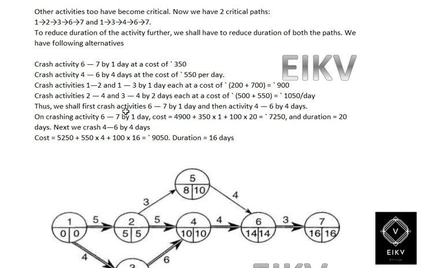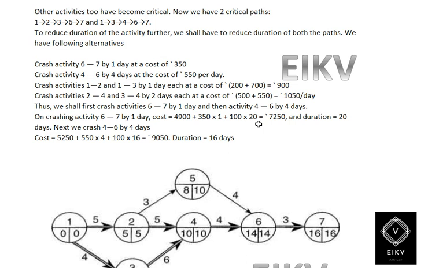Thus we shall first crash activity 6 to 7 by 1 day and then activity 4 to 6 by 4 days. On crashing activity 6 to 7 by 1 day, the cost equals 4000 plus 350 into 1 plus 100 into 20.